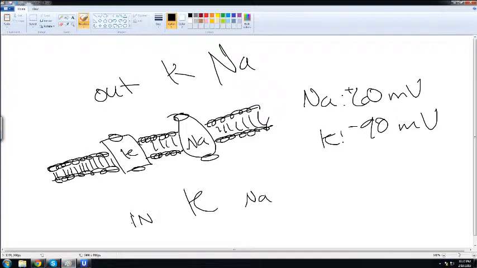And when you open the sodium channels, the exchange of sodium is always going to be in favor of bringing the cell to positive 60 millivolts. Okay, so that's all that happens when these different channels are open. These ions will act in a way to get the cell to one of these two, whichever their preferred potential is.